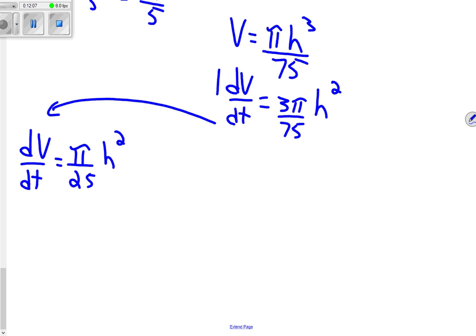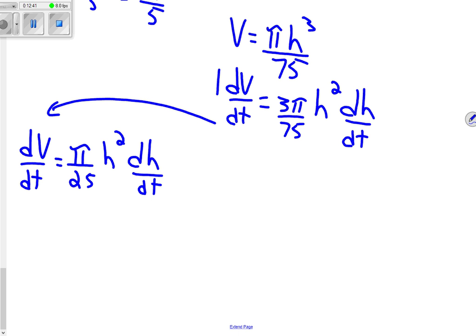Don't forget dh/dt, classic mistake. That's the rate of change, the change of height over time. We did that because we took the derivative of h. And then I took the derivative of V, so I had to put dV over dt. And it's always over t.